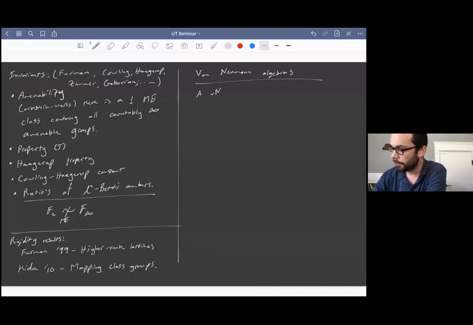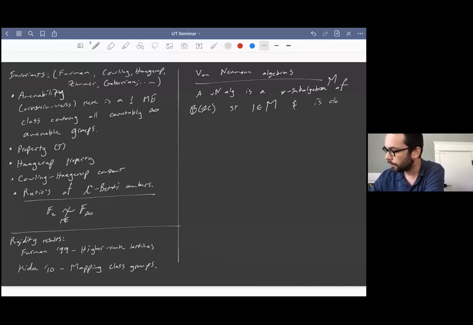So a von Neumann algebra is a star subalgebra of bounded operators on some Hilbert space, which contains, let me give it a name, M, such that it contains the identity operator and is closed in the strong operator topology, which is just the topology of pointwise convergence.